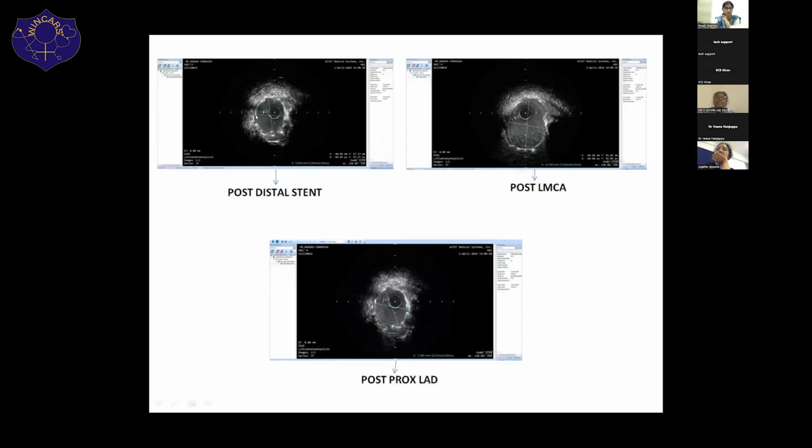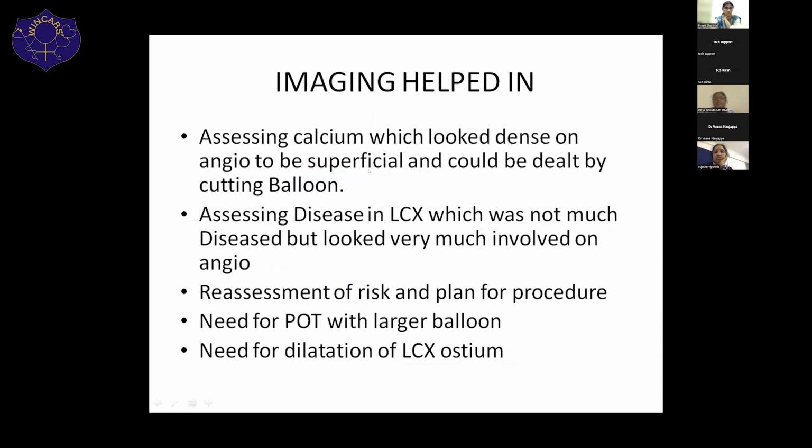After this, we got good post-stent areas: in the LMCA, it was around 12 mm squared, in the ostial proximal LAD around 9, and even the distal LAD around 8 mm squared.